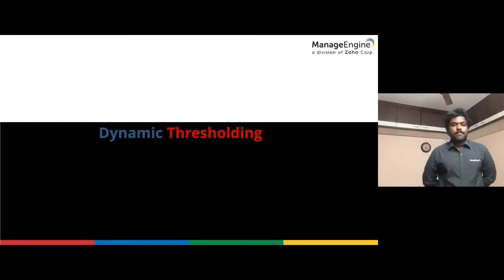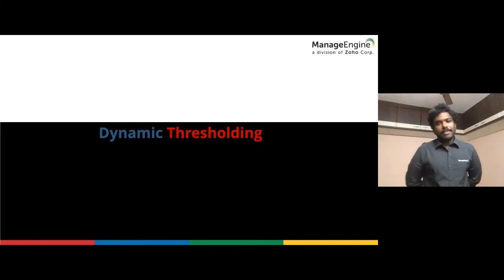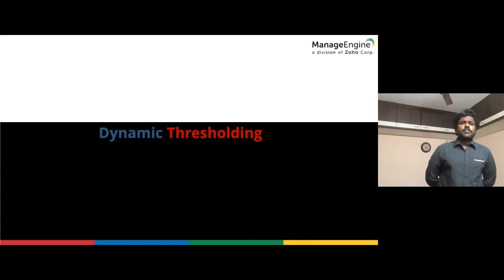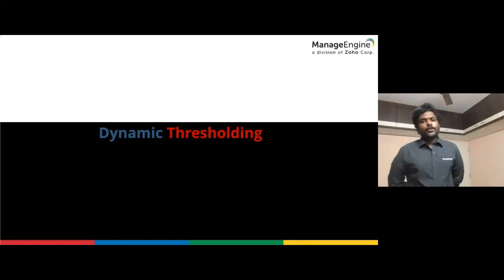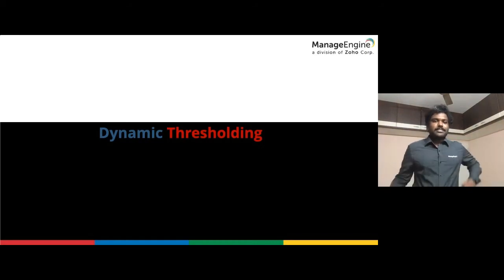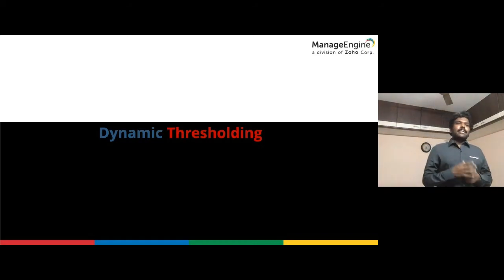Like I said, response time during the time of a peak sale, the response time SLAs are pretty high, but on a normal day, the same SLA is not acceptable. So your monitoring tool should take note of such events, and then tell you if that particular thing is an anomaly or not at the current moment.